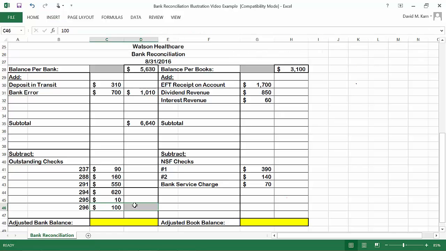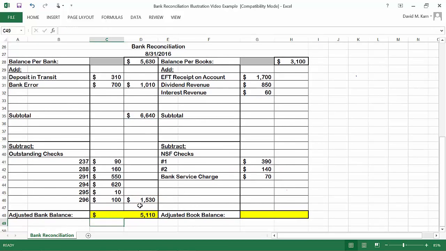Let's take this here and just go 90 plus 160 plus 550 plus 620 plus 10 plus 100, and we see that it's 1530. So now we can go ahead and do this. We can take the 6630, subtract out the 1530, and our adjusted bank balance comes out to be 5110.